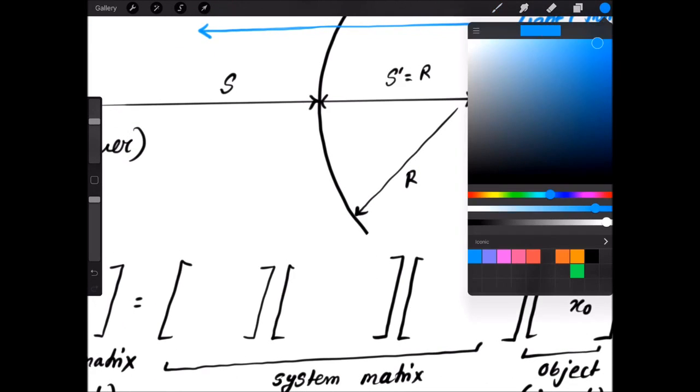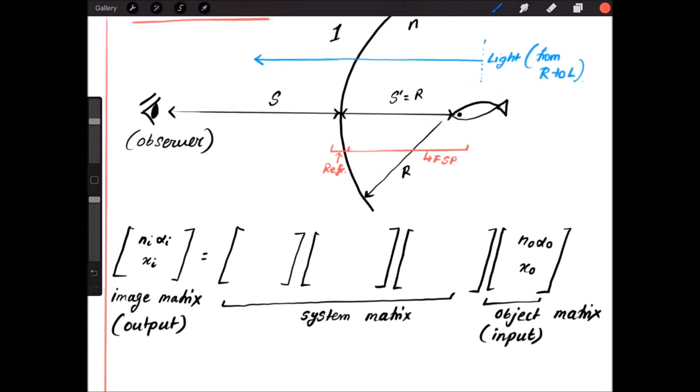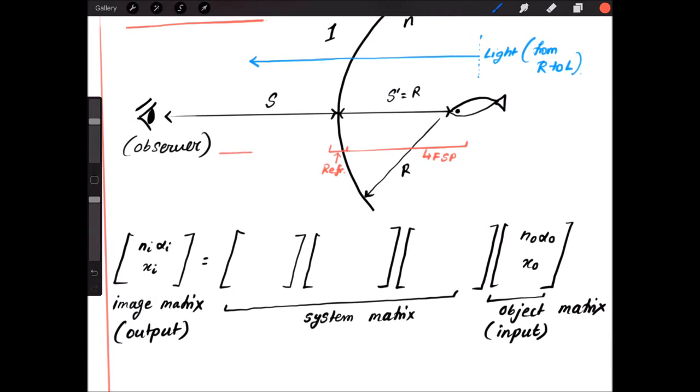So I'm going to put those down. The first matrix will be for free space propagation inside the sphere. The second matrix will be for refraction at this interface, and the third matrix will be for, again, free space propagation to the observer.